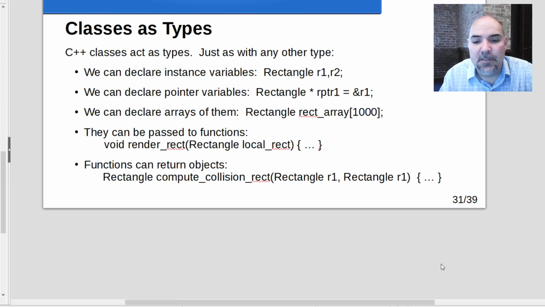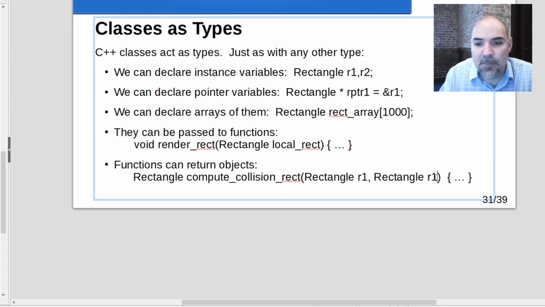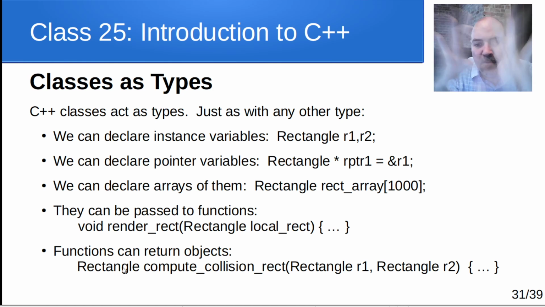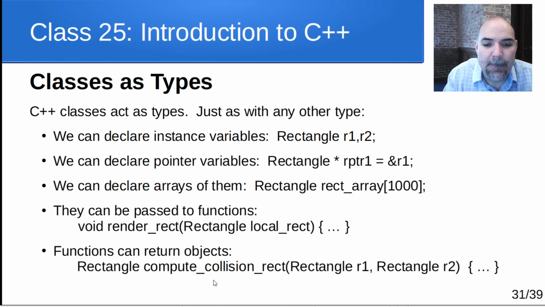And I should probably fix this. This should be r1 and r2 here. So notice we're passing two rectangles and it's returning the rectangle where they overlap. So very similar to integers. You could pass two integers to a function and have it return an integer. You could pass two rectangles to a function and have it return a rectangle.